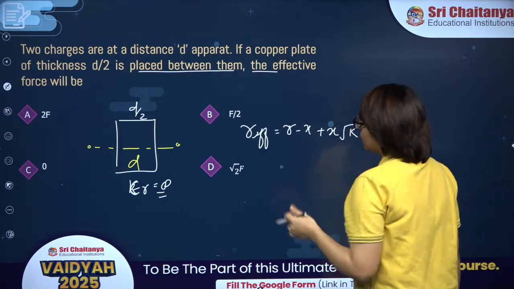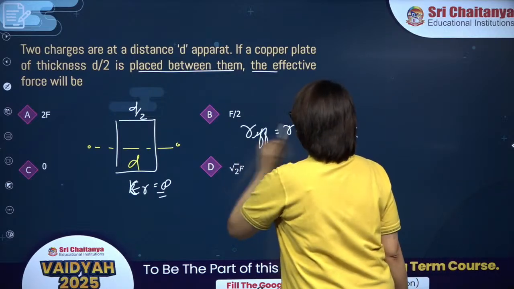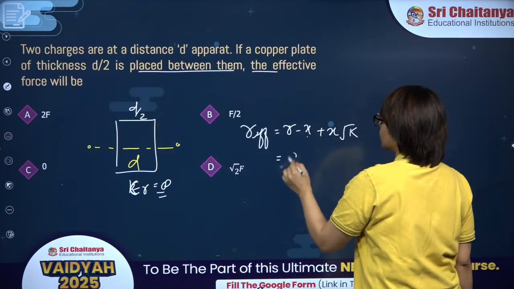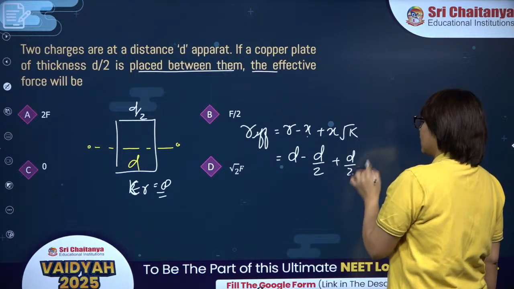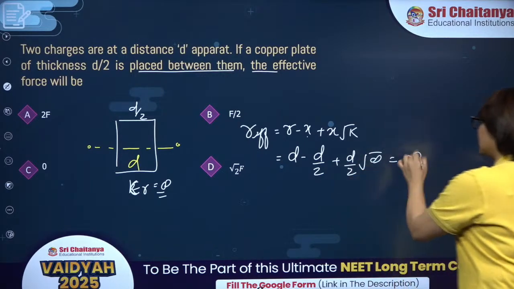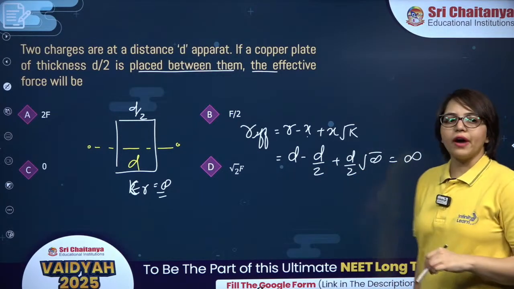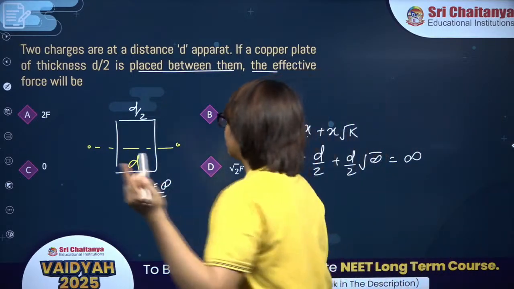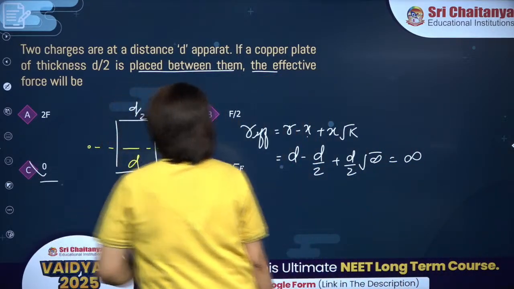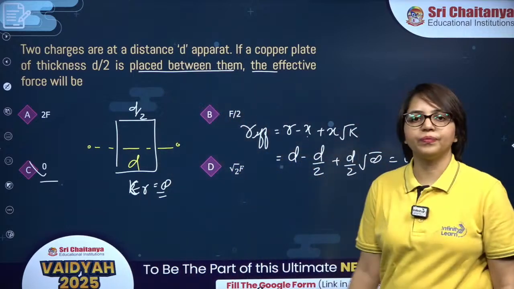Fine. So, x is nothing but the thickness of the plate. So, total separation is d, thickness is d by 2 plus d by 2 under root k, where k is infinite. So, basically this complete is infinite. So, if r effective is infinite, it will go into the denominator and it will make the entire force 0. So, correct answer is option C over here.